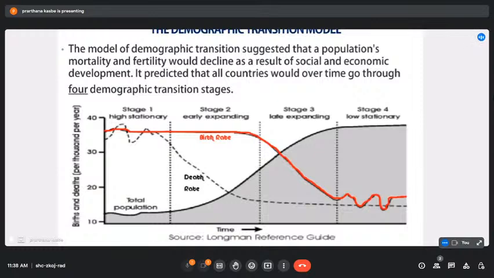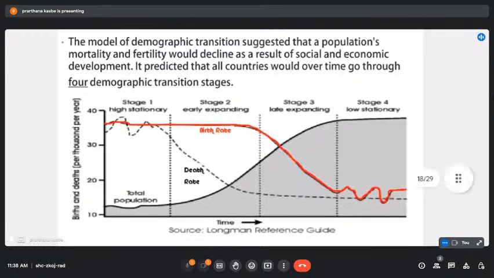It predicted that the countries would over time go through four demographic transition stages. This figure shows the four demographic transition stages. The y-axis shows the birth and death rate per thousand per year, and the red line shows that in the first stage both the birth rate and death rate are high.